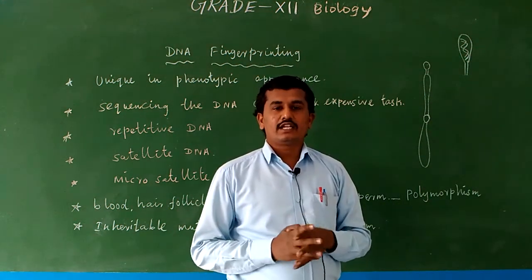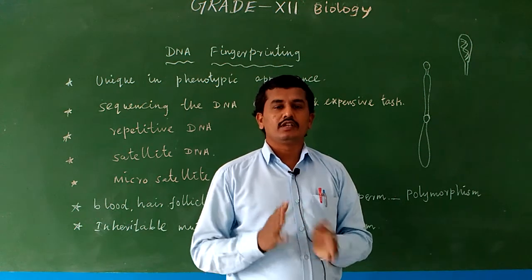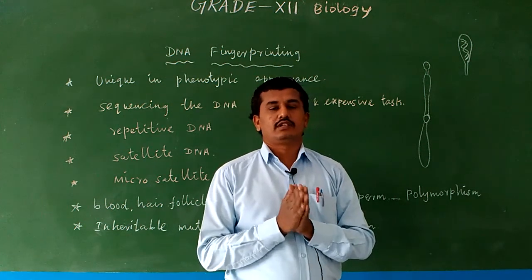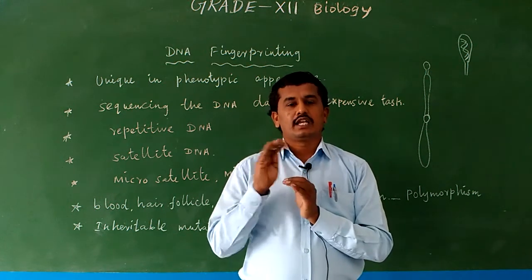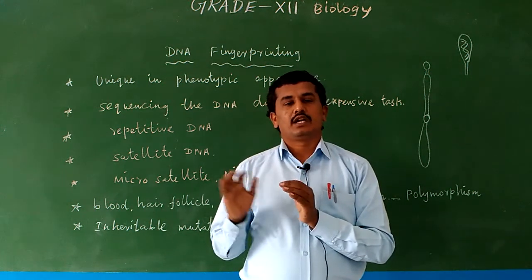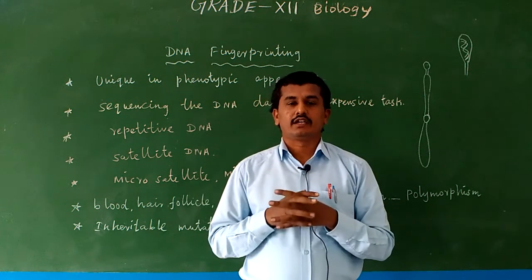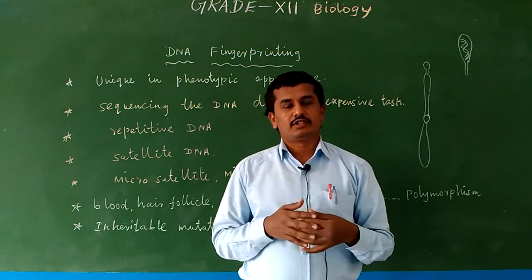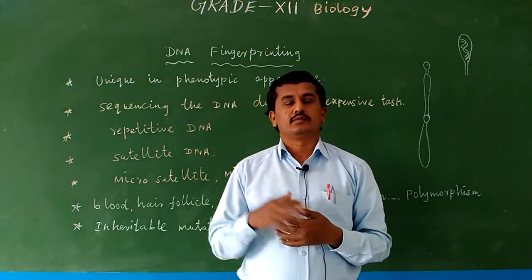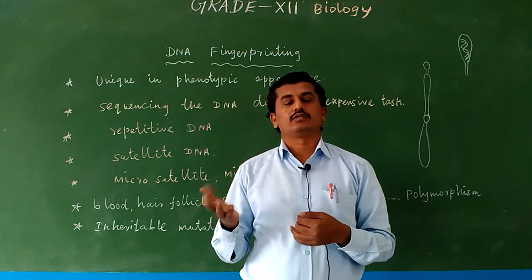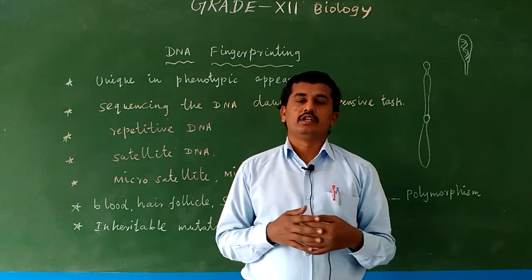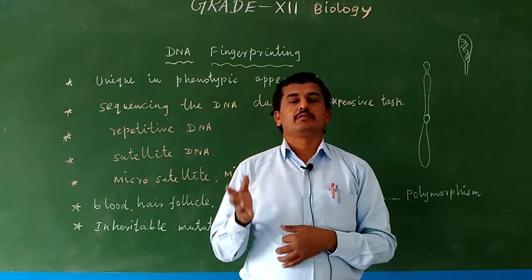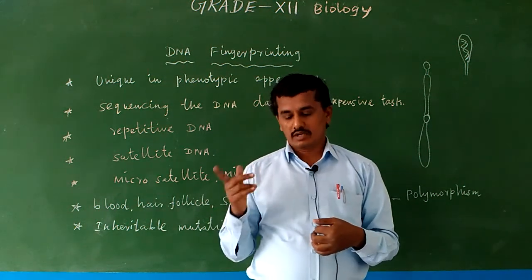In satellite DNA, in every individual, for example, one person's satellite DNA has adenine thymine, whereas in another person the satellite DNA is different in order. Suppose cytosine guanine; in another person guanine cytosine; in another person adenine thymine cytosine guanine adenine thymine.